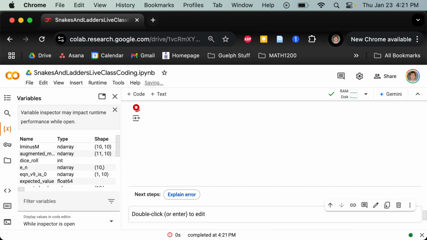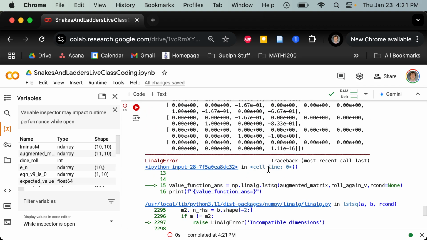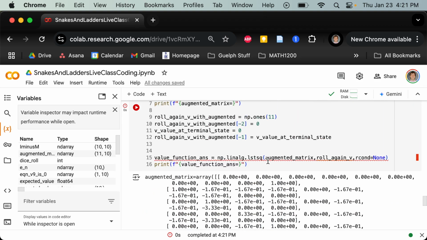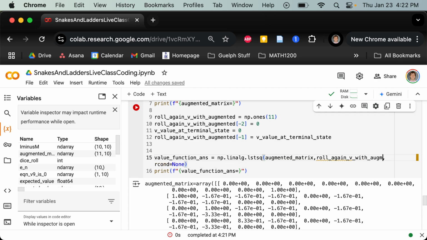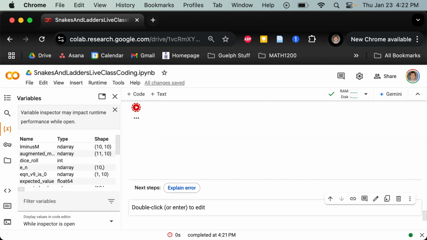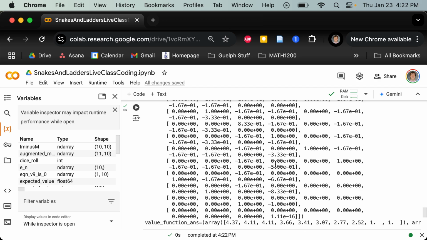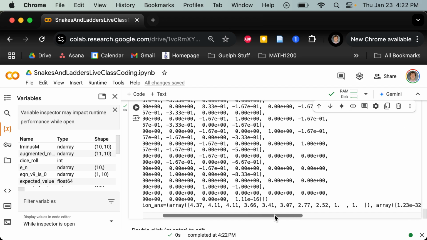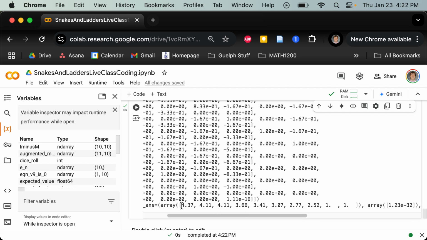Let's see if I'm right or if it complains. It still says incompatible dimensions, and probably, oh yeah, because I've got to change the name. Okay, roll_again_v_augmented, and now it will work. What did it output? It outputted this matrix: 4.37, 4.11, 4.11.